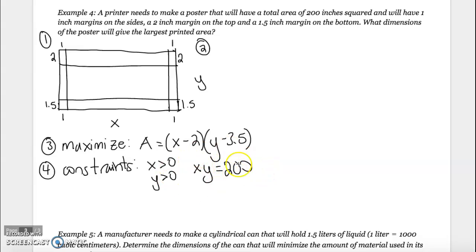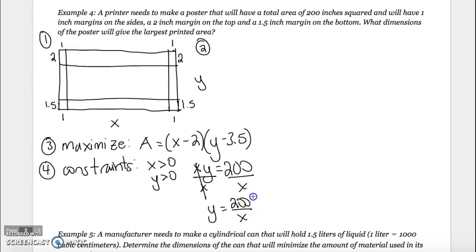And so this is what we're going to use to rewrite our optimization equation in just one variable. So I'm going to go ahead and divide by x. Okay, so then we have y equals 200 over x.